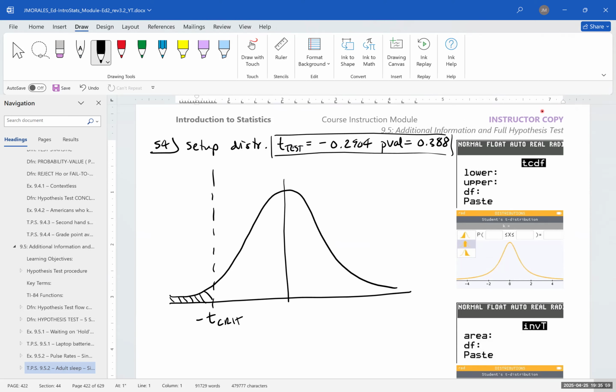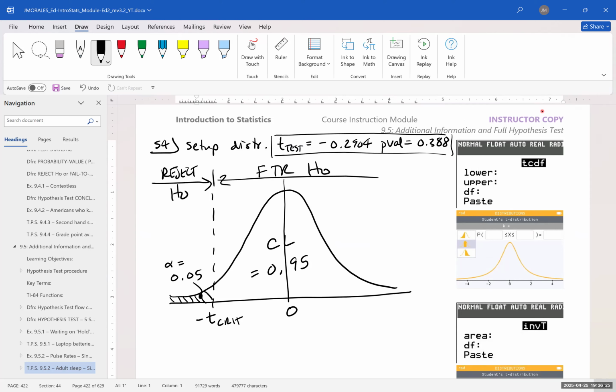That's my significance level, and that's 0.05. Confidence level, 0.95. The region over the tail, that's our reject the null. The area above the confidence level is fail to reject the null.